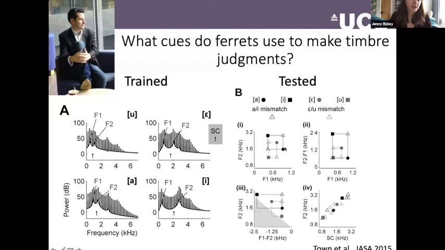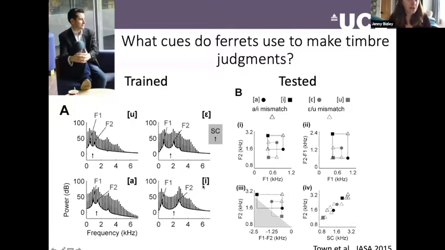The first set of mismatch sounds simply takes the first formant of one vowel and puts it with the second formant of the other, and makes the reverse contingency as well. So the F1 of the air paired with the F2 of the oo. A second set of sounds took the interformant distance from each vowel and anchored it to the first formant frequency of the opposite vowel.